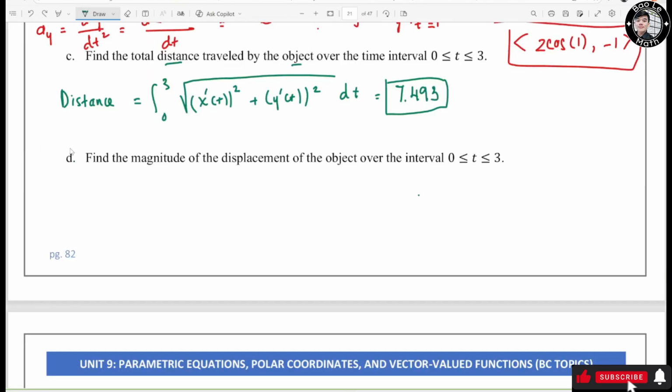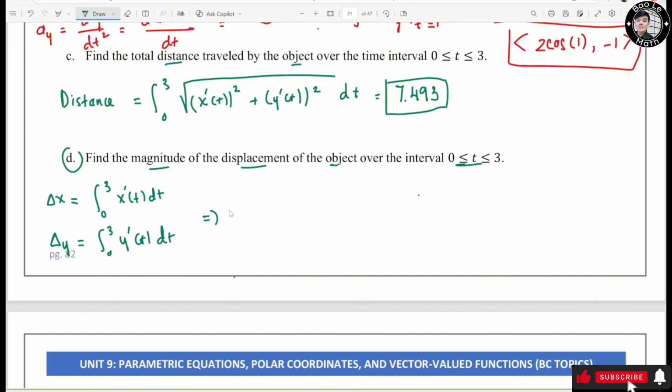Now let's move on to question D. Find the magnitude of the displacement of the object over this interval, right? So we need to calculate delta s, which is the integral from 0 to 3 of s prime of t dt, right? Delta y equals the integral from 0 to 3 of y prime of t dt.